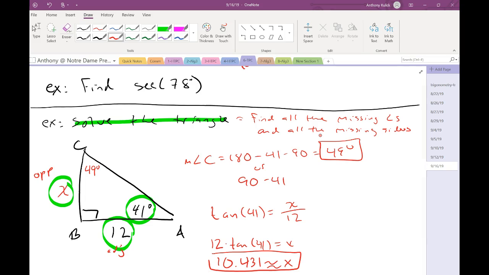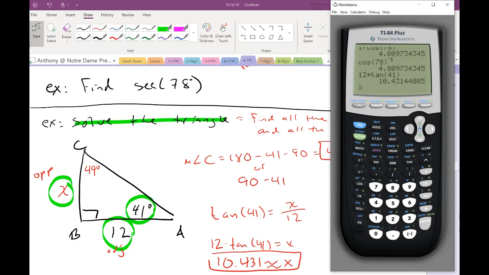Are we okay with what I've done to get that? Again, typing it into my calculator, I typed it in exactly as it looked on my sheet of paper. I just did 12 times tan of 41. Everybody's okay with that? Okay.